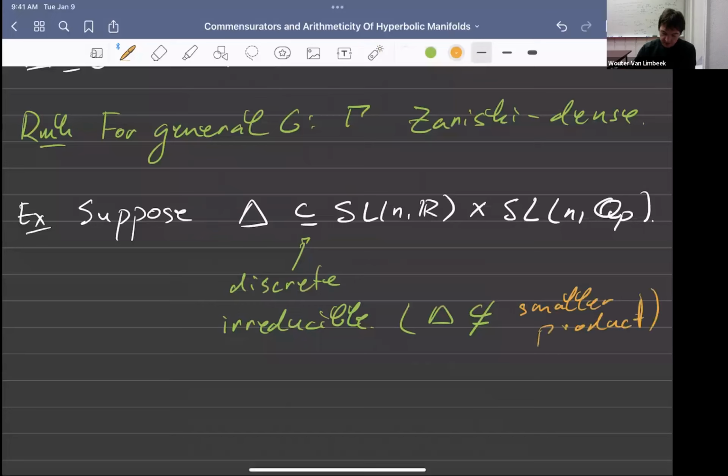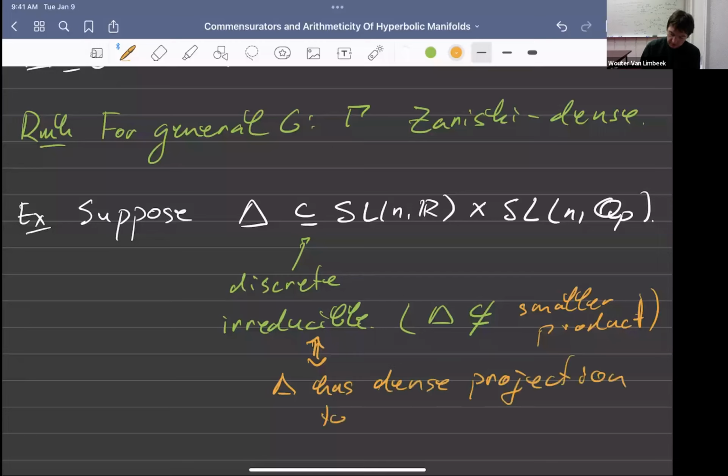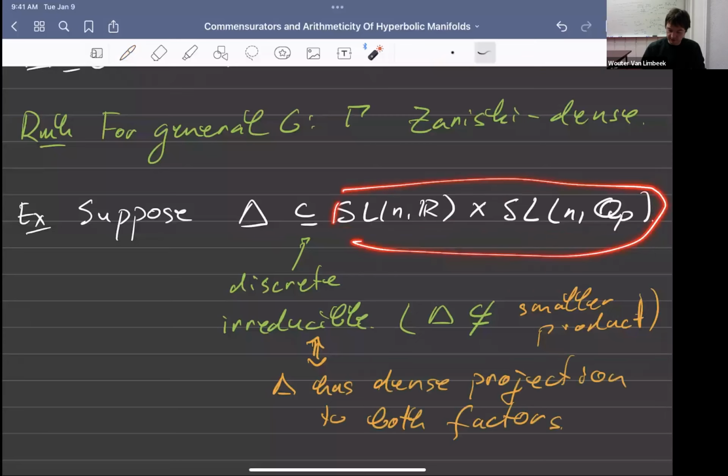Or equivalently, this irreducibility is the same as delta having dense projection to both of these factors. Right, so delta lies in this product. You can project it to either the first factor or the second factor. And then you ask that it's dense in both of them, even though in the product it is discrete.